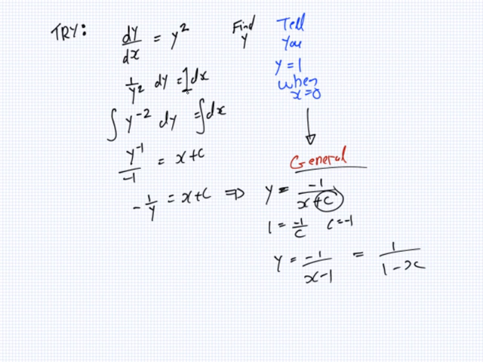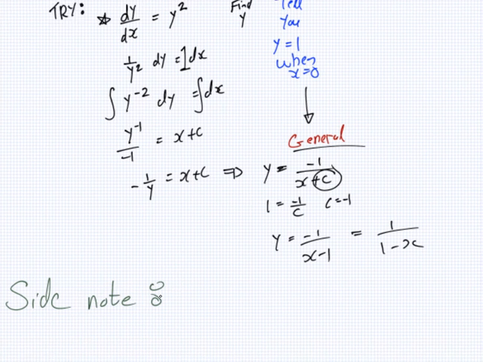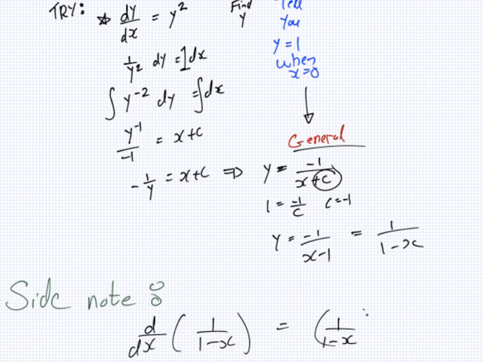Now these results are kind of interesting. Here's an interesting side note. If this is true, that means the derivative of 1 over 1 minus x equals 1 over (1 minus x) squared. Now you can check this. What rule gives us the derivative here? Quotient rule, right? If you use the quotient rule here, you will see that it does simplify down to this.